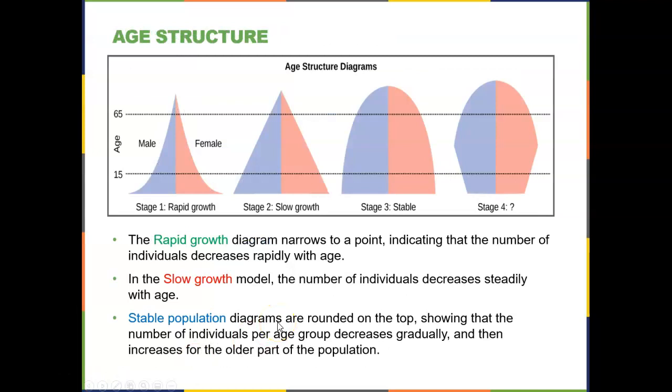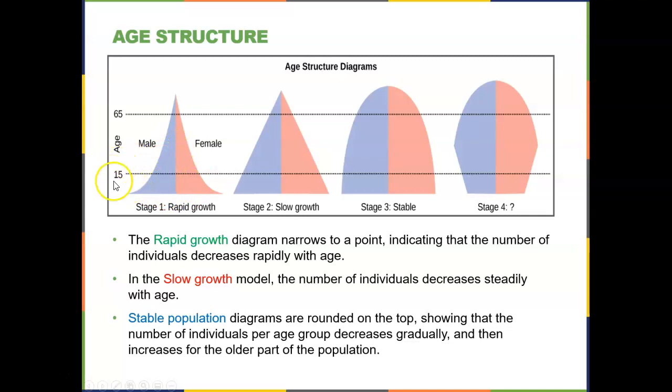Another interesting concept to take a look at is the age structure in different populations of humans. So we have some different graphs here, various stages. We'll take a look at those. And we see that we have males in purple, females in pink, and they're pretty much the same, males and females on either side of each individual stage.